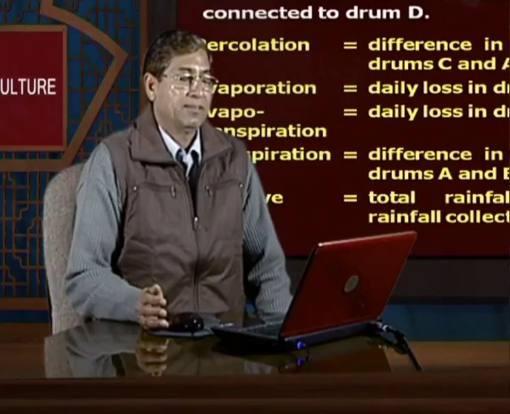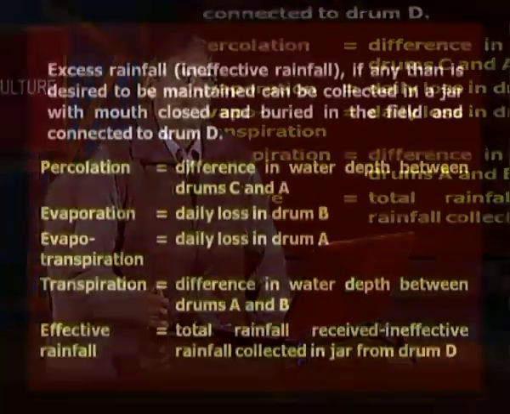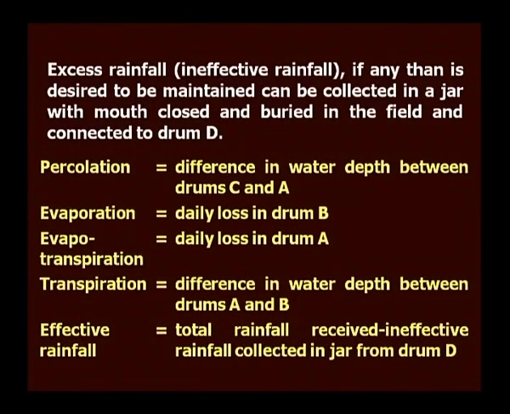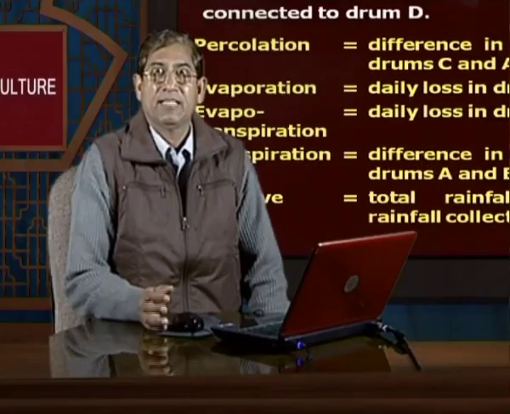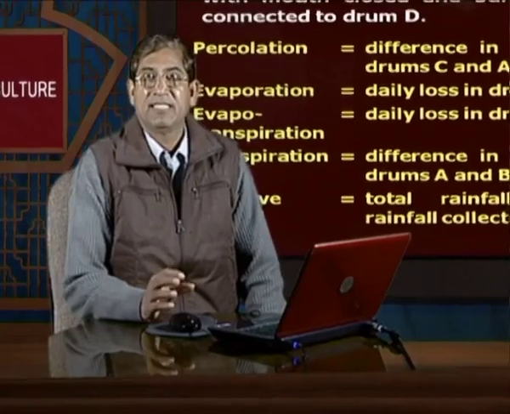Excess rainfall, that is ineffective rainfall, if any, that is desired to be maintained, can be collected in a jar with mouth closed and buried in the field and connected to drum D. So, the different components can be estimated by this technique.